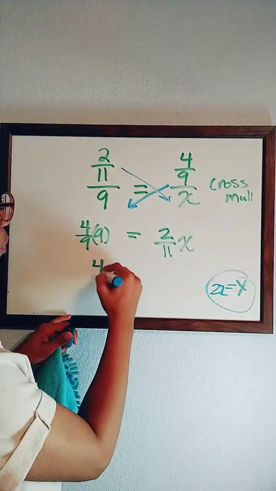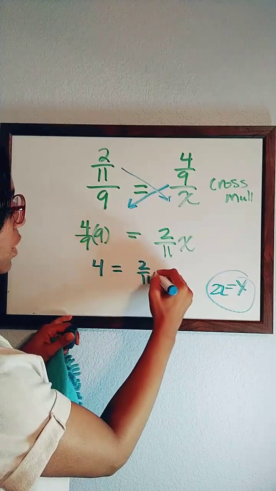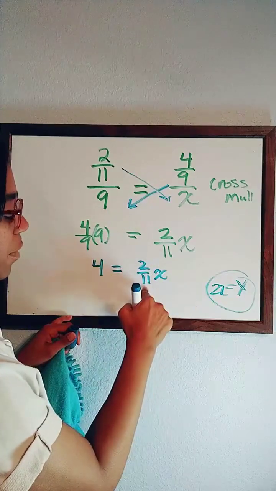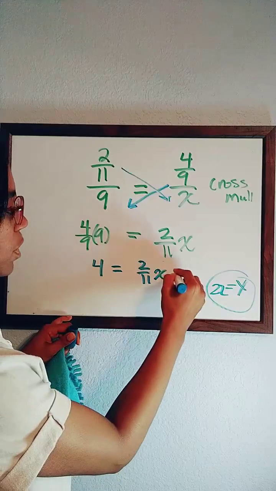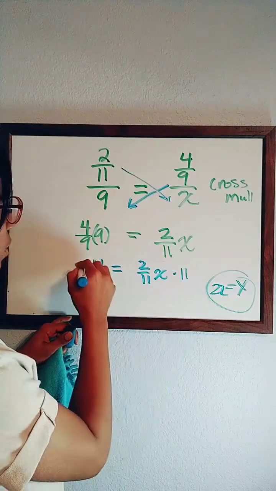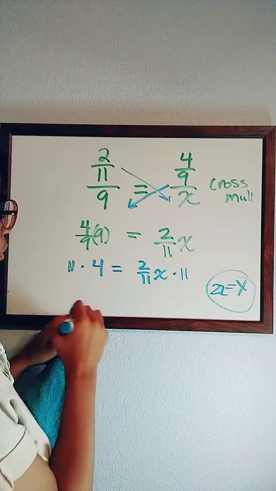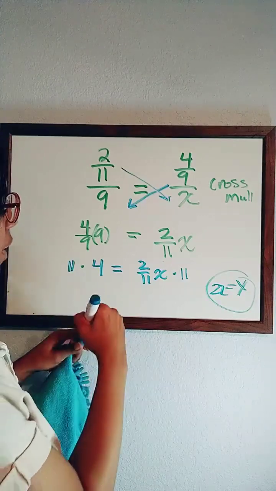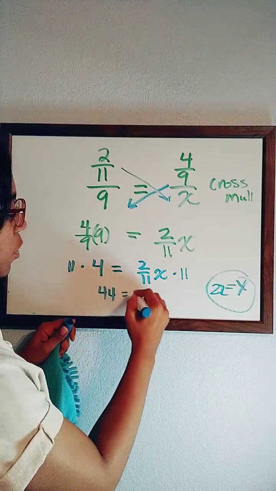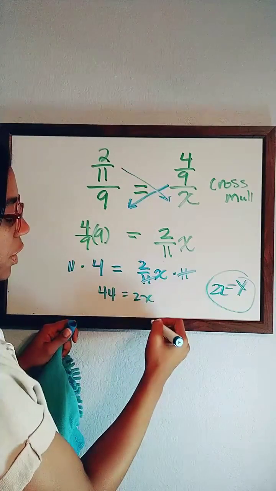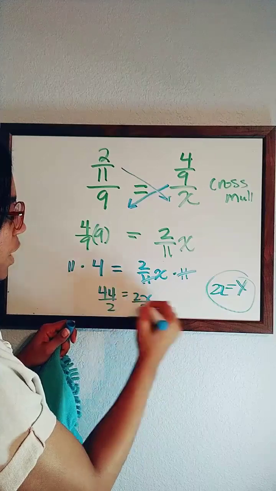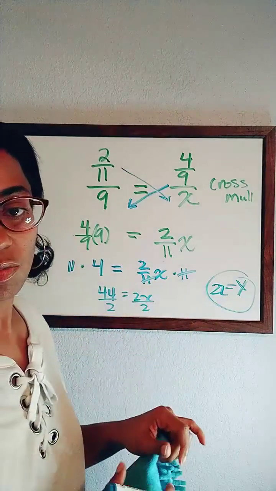So if I end up getting 4 is equal to 2 over 11x, okay? Since I'm dividing by 11, I'm going to multiply both sides times 11. And then that would give me 44 is equal to 2x because it's only going to cancel out the denominator. Then you would divide both sides by 2 and x is equal to 22.